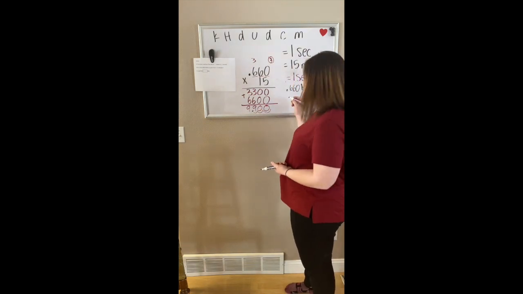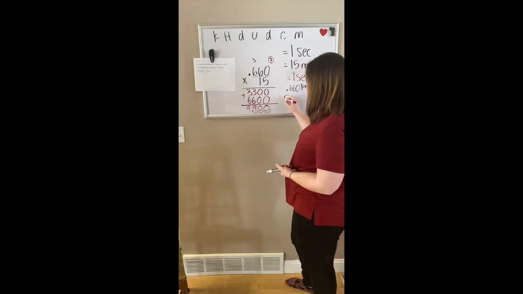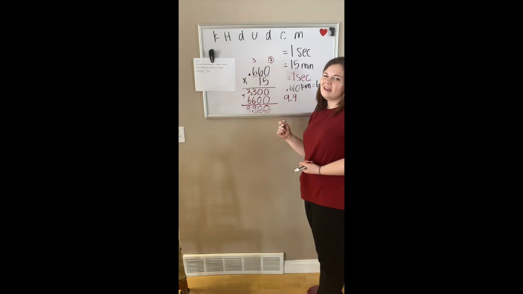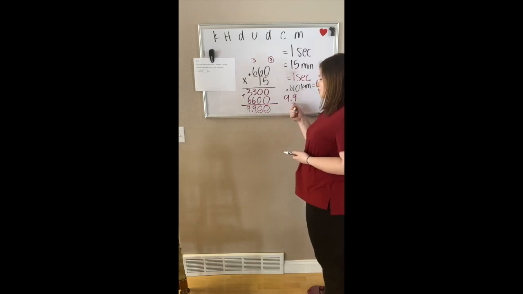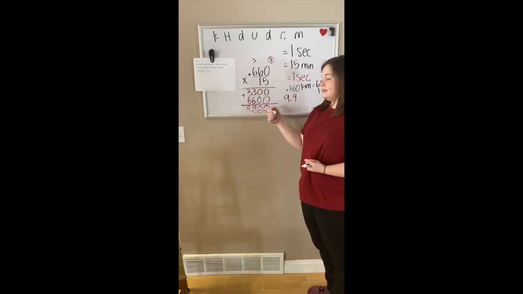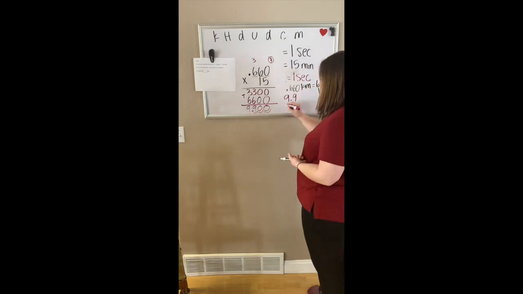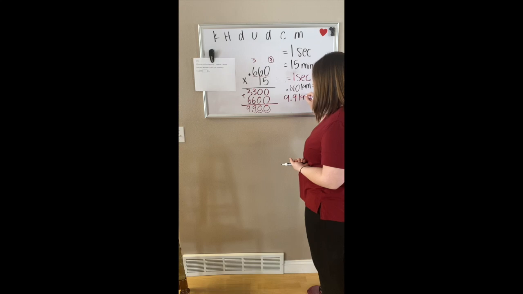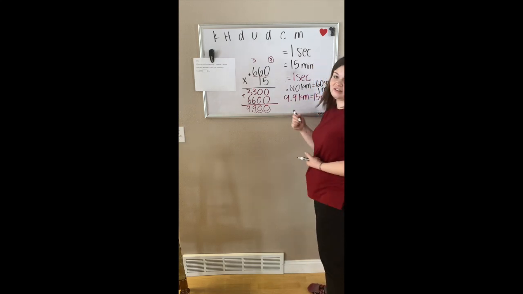And I rewrite my answer. So now my answer is 9.9. I could write those 2 zeros at the end, but I don't need to. 9.9 is equivalent to 9.900, okay? So I say 9.9 kilometers equals 15 minutes. And I just solved the problem.